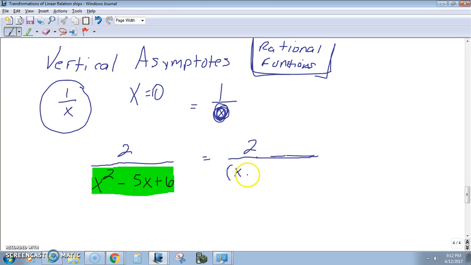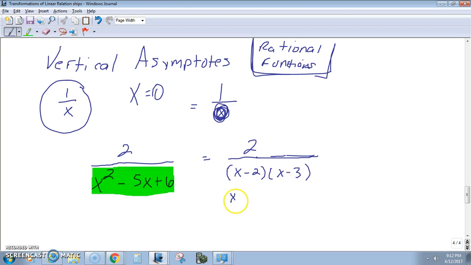So it's going to be x minus 2 times x minus 3, right? I think that works. So now, what's special about this one? This one has 2 places where we can make it 0. So it may have 2 vertical asymptotes, and that's okay. It's just not going to exist there, right?